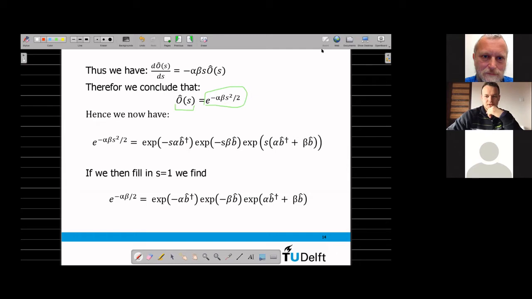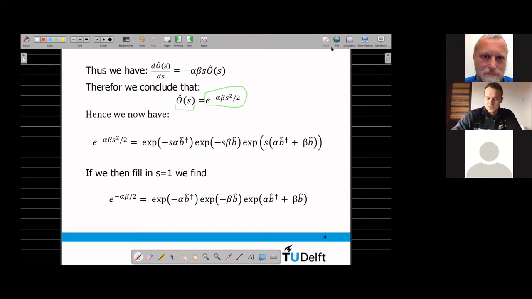Now we set s equal to 1. And then we notice that if s is equal to 1, we find the expression that we wanted to prove, but in a slightly different form.